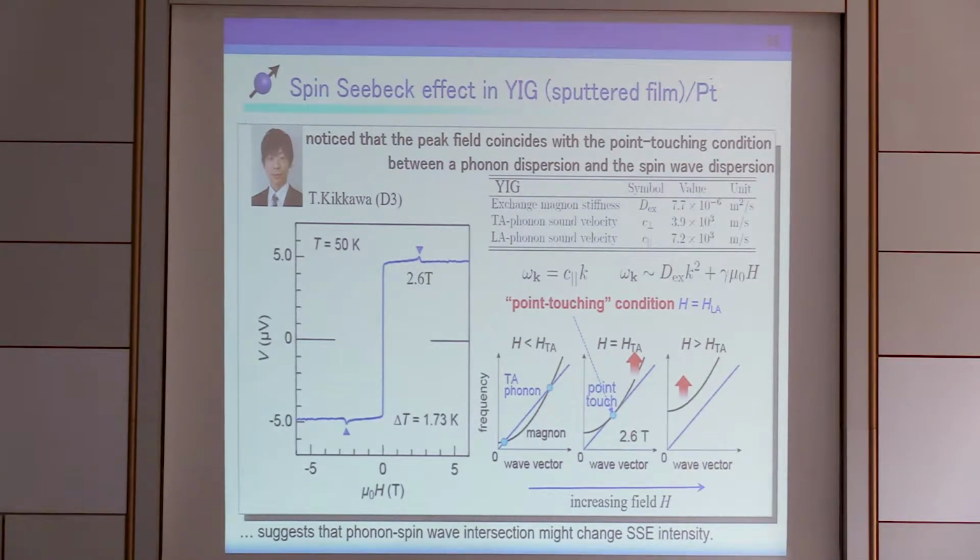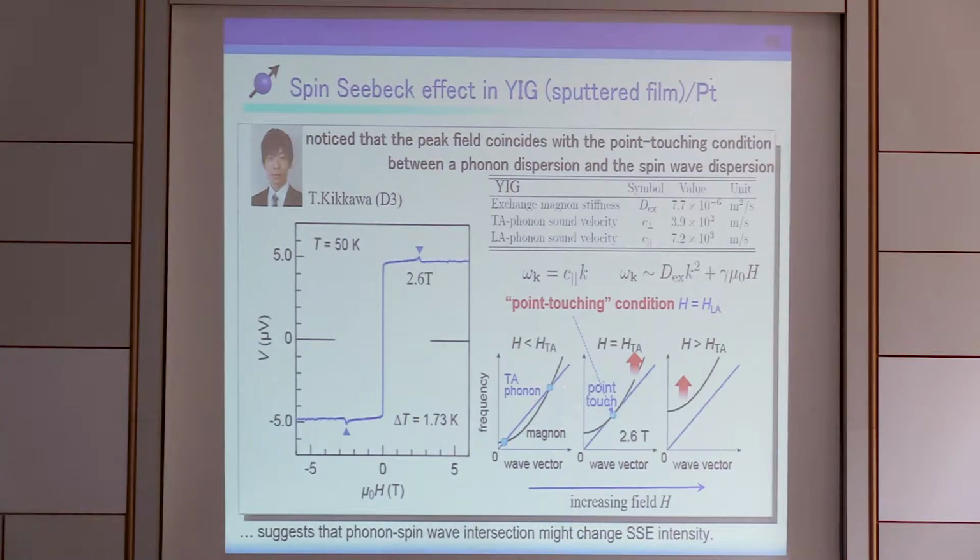This condition is called a point touching condition, and by using material parameters of YIG, spin wave stiffness and the phonon sound velocity, we calculated the point touching condition should appear at 2.6 Tesla, which coincides with this peak position. Okay, so we suggest that the phonon spin wave intersection might change the spin Seebeck effect.